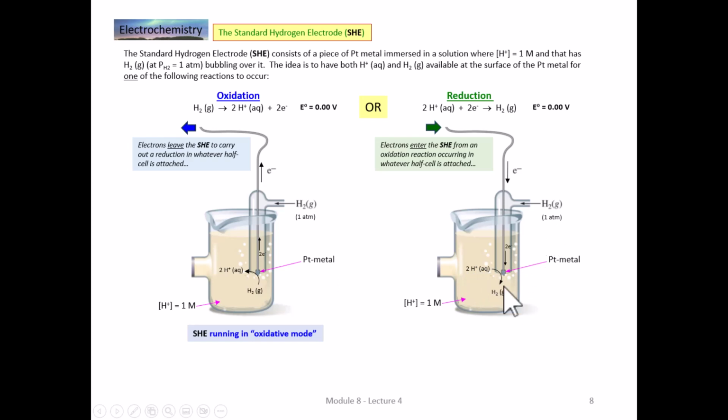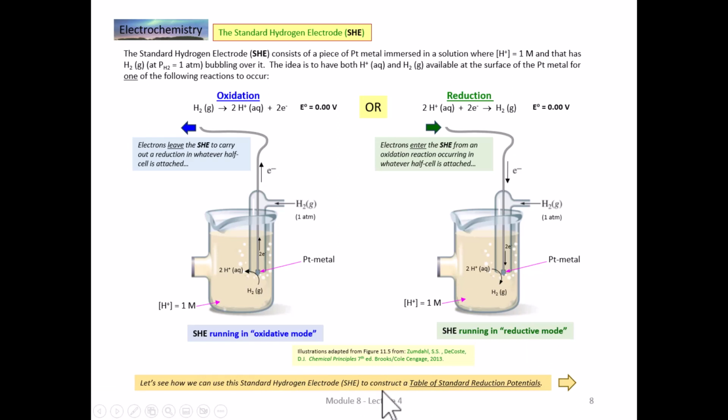Again, hydrogen gas is present in 1 atmosphere of partial pressure, hydrogen ions present at 1 molar concentration. This would be the standard hydrogen electrode running in reductive mode.